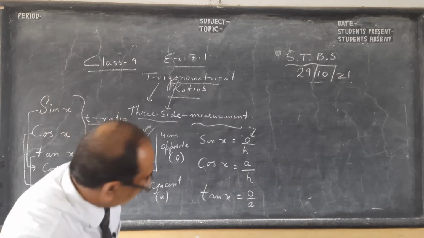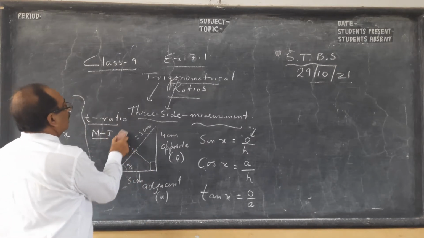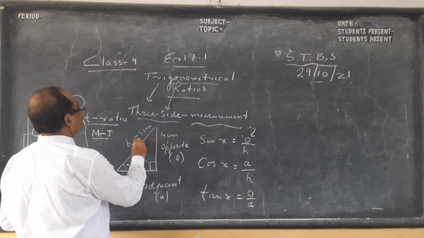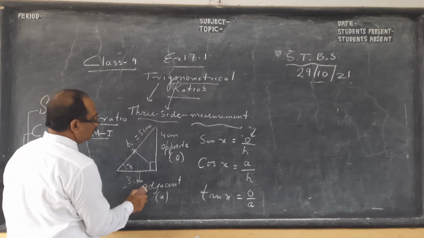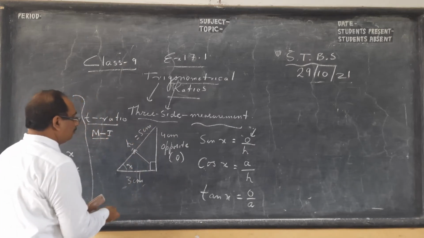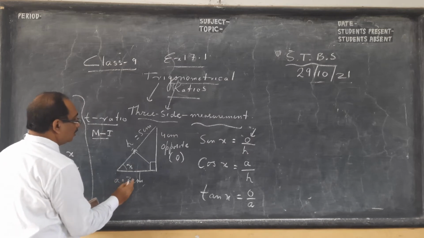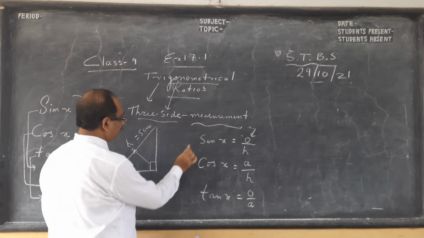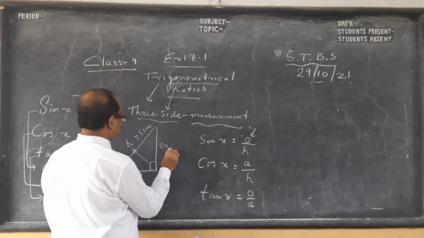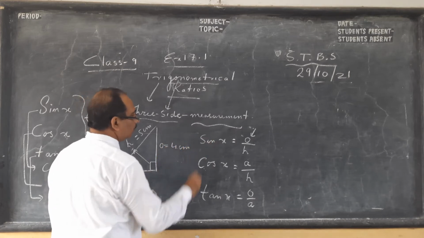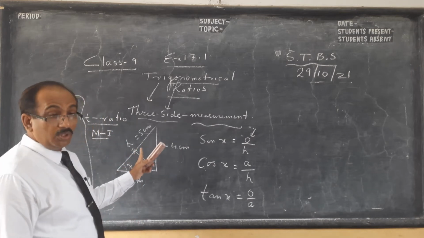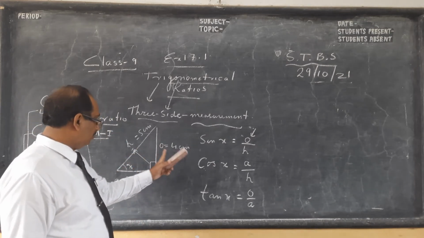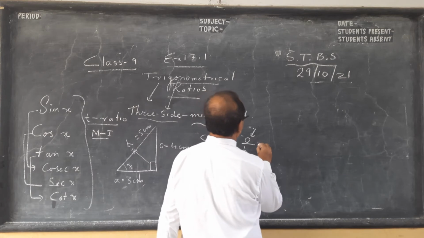To make it clearer, hypotenuse is 5, adjacent or the base is 3, and opposite O is 4 centimeter. So, what is sine, children? I told you it's a ratio of the same thing, 4 by 5.